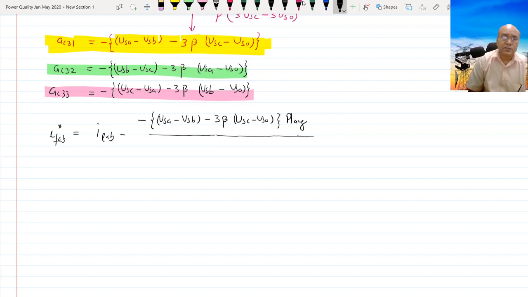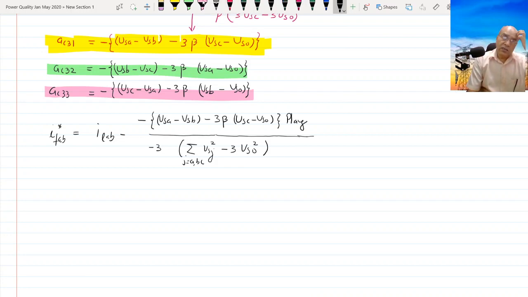What is that? Minus 3, let us say, second variant, sigma VSJ square minus 3 VS0 square. Close this bracket and put sigma J equal to a b c.